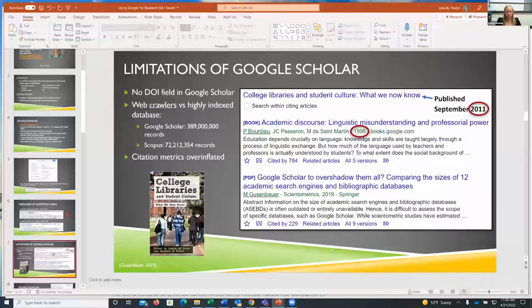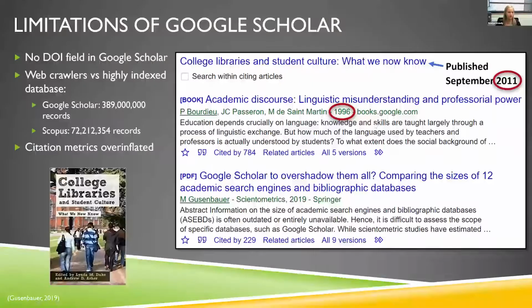So, limitations with Google Scholar. There is no DOI field, as I mentioned. Just to give you an idea of the number of records, Google Scholar has 389 million versus Scopus, which has 72 million. So Scopus is much more selective in what it indexes, whereas Google Scholar has a lot of duplicates, as well as inaccurate information. This was one I came across in my research.